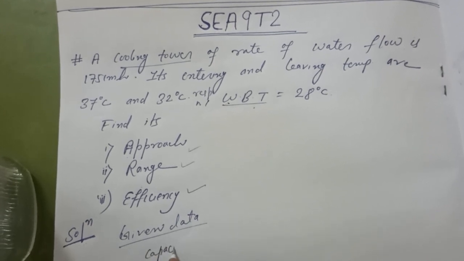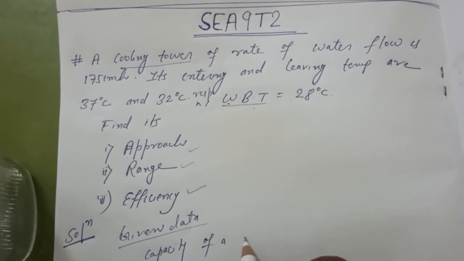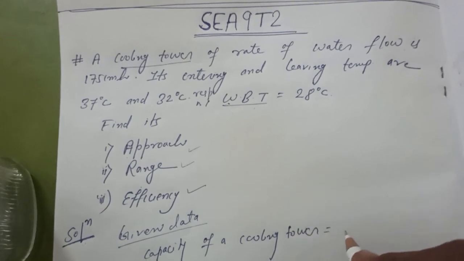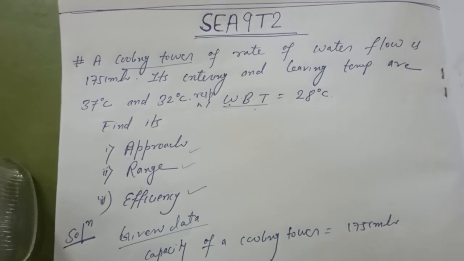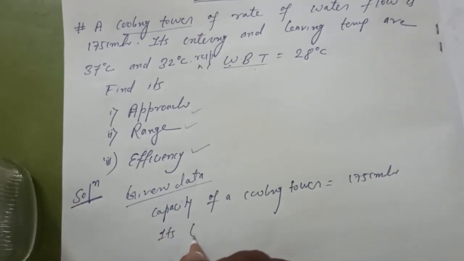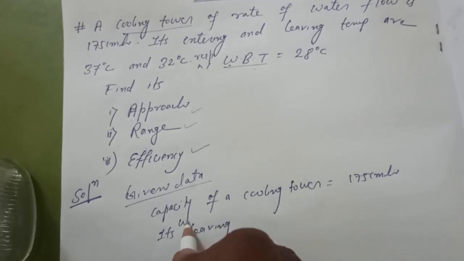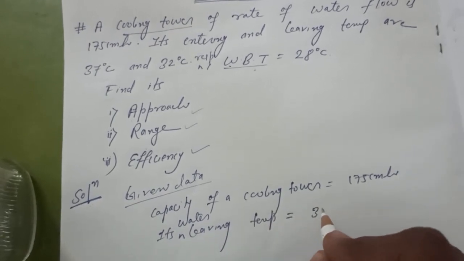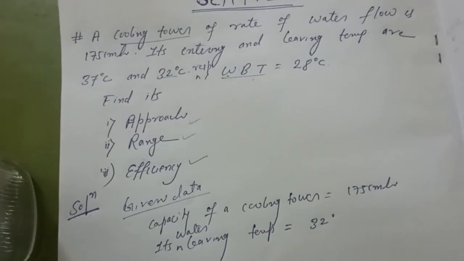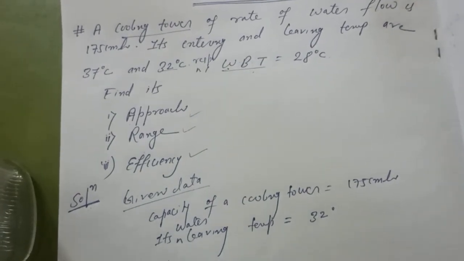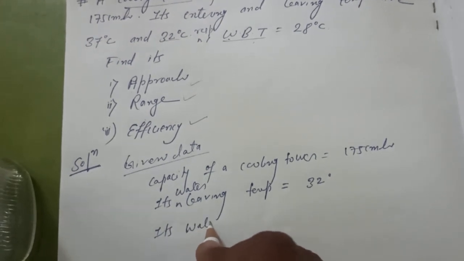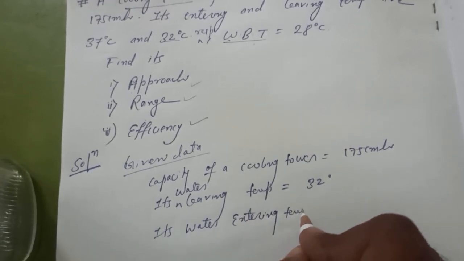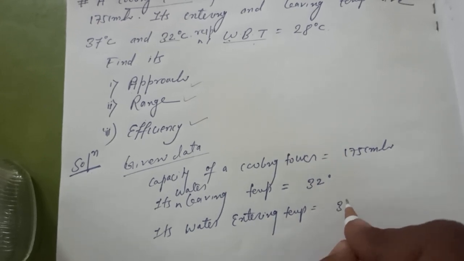Capacity of a cooling tower is 175 cmh. Its water leaving temperature equals 32 degrees Celsius, which I have mentioned here, and its water entering temperature equals 37 degrees Celsius.